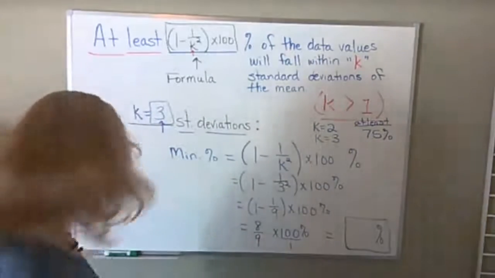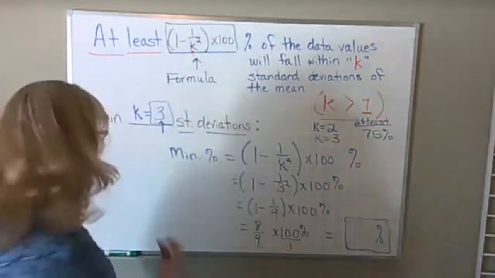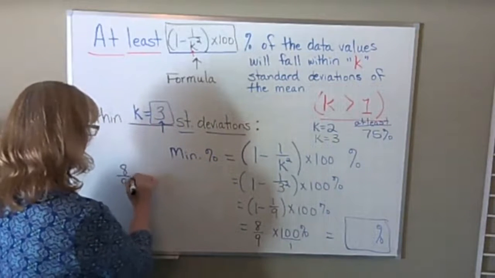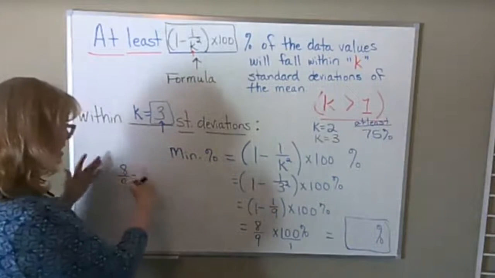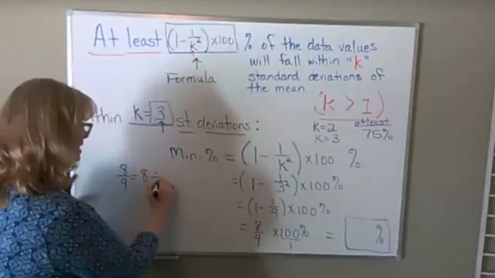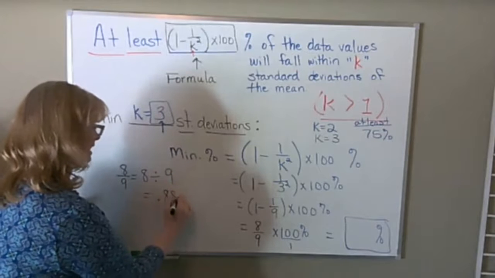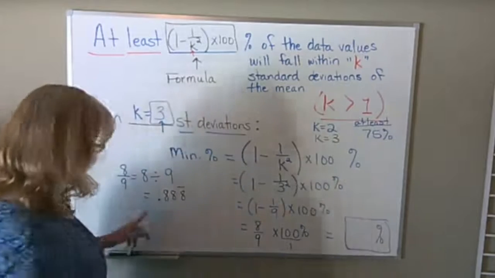And it might be helpful to you on this one to change 8/9 to a decimal. If you change 8/9 to a decimal, do 8 divided by 9, and that's going to give you 0.888 repeating. It's going to go forever.